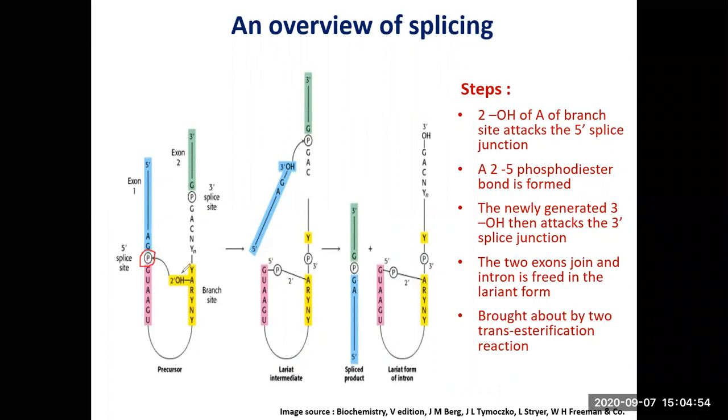This is being sponsored by the RNP U2 or RNP U6. This bond is going to be hydrolyzed. A 3-hydroxyl group will be generated here. Now that 3-hydroxyl group in the second step will attack the 3' splice junction, this particular bond. The 2 exons will be joined and this intron will be liberated.